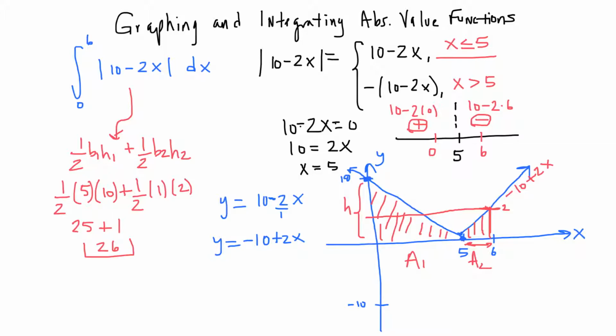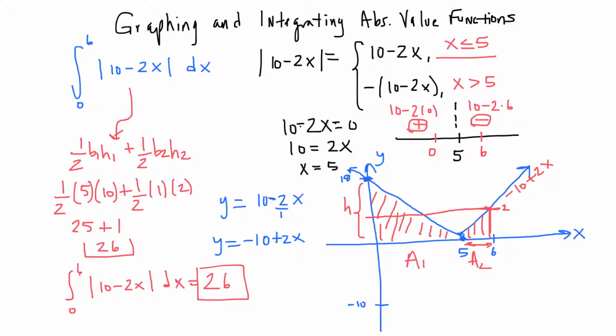So just as a final statement, we can say that the integral from 0 to 6 of the absolute value of 10 minus 2x dx is equal to 26. And there was a lot of math that happened here. First of all, we broke down the absolute value into a piecewise function. We had to think about the domain for each one of those pieces. Then we had to graph it.